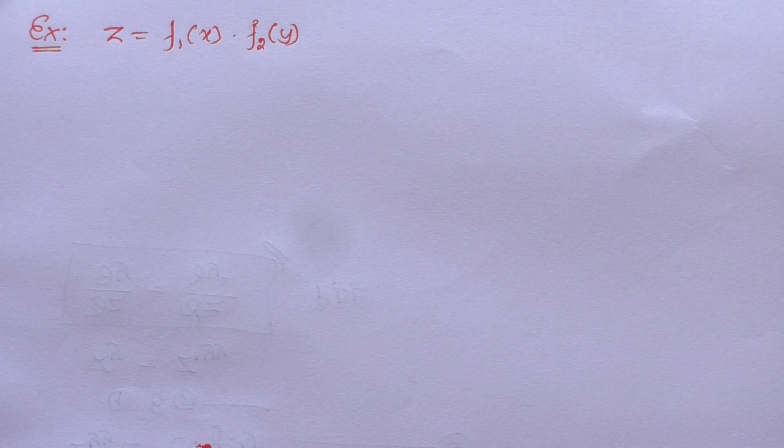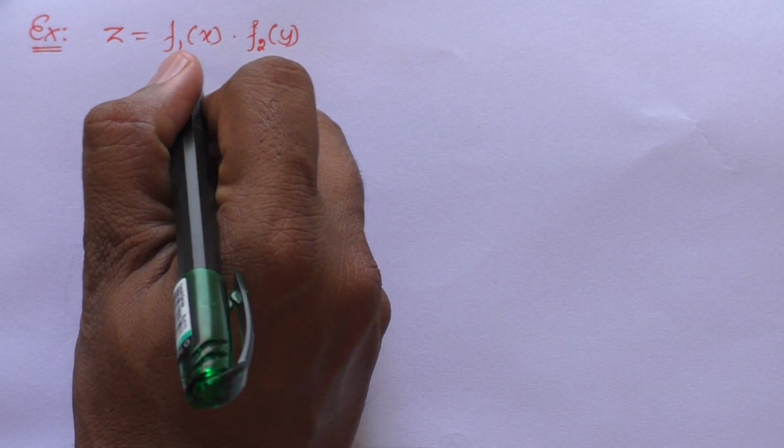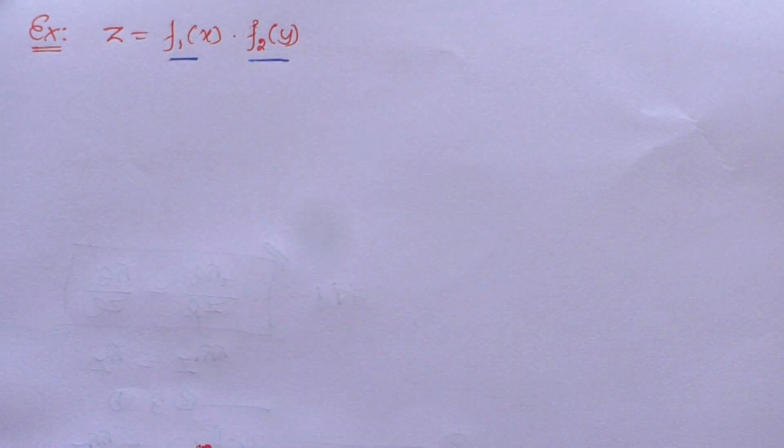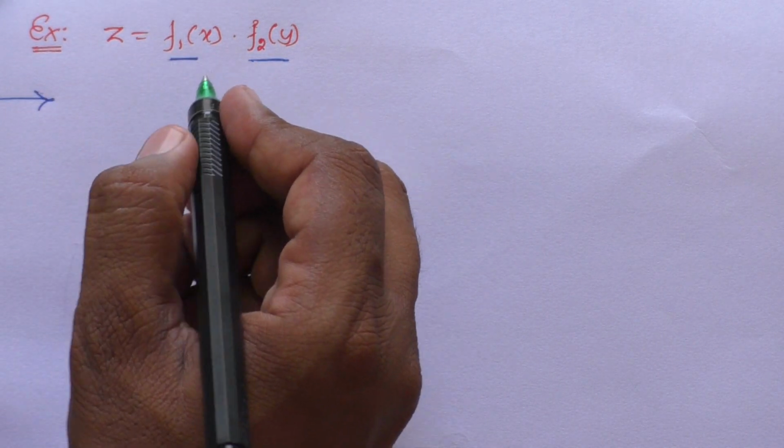Another problem, that is z equal to f1 x into f2 y. So here in this problem we have two arbitrary functions f1 and f2. So if two arbitrary functions are there, you need to go for partial differentiation up to second order.